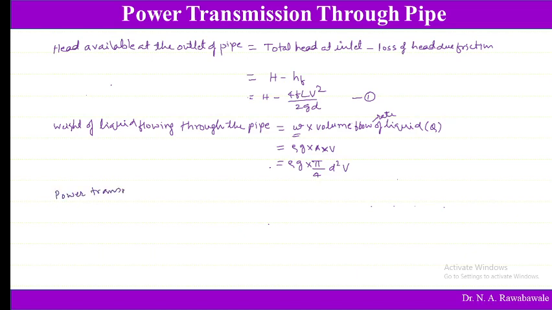Now the power transmitted at the outlet of pipe can be obtained. Power transmitted at the outlet of pipe is equal to weight of liquid per second into head available at outlet.